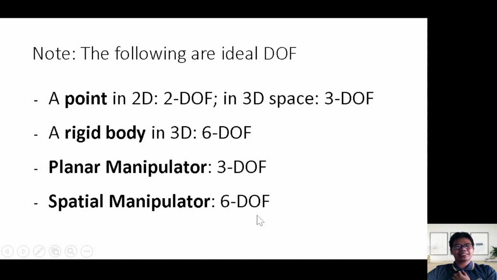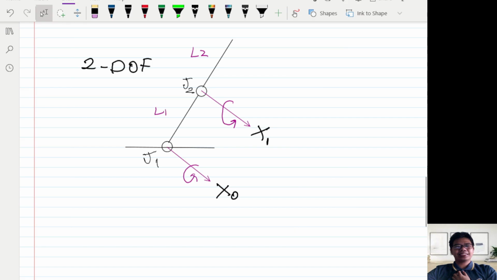Now let's look at manipulators. A planar manipulator, which moves and operates within a plane, has 3 degrees of freedom. Think of a robotic arm on a flat surface. This is an example of a planar manipulator. It has 2 degrees of freedom.